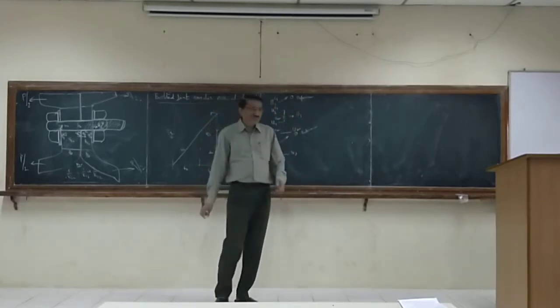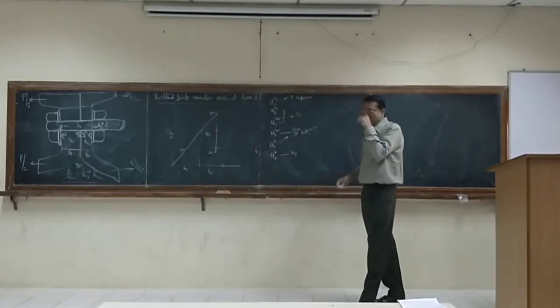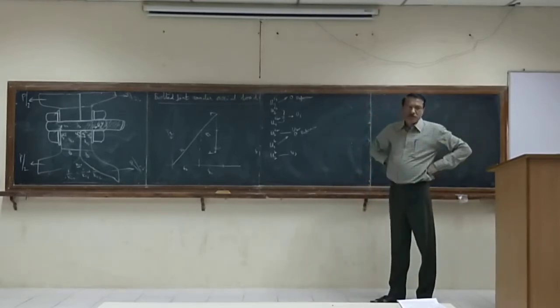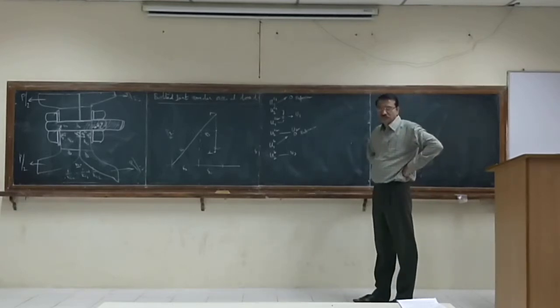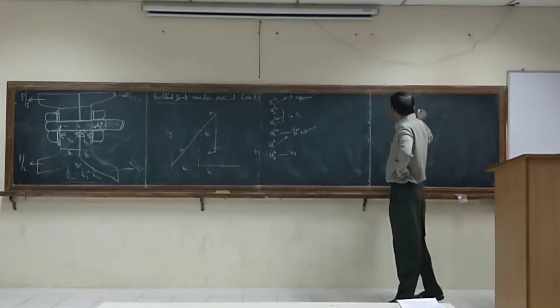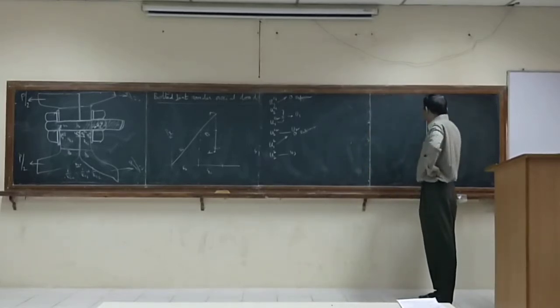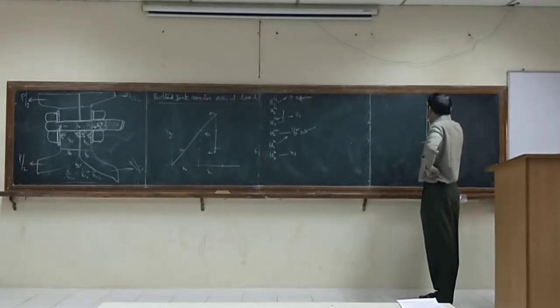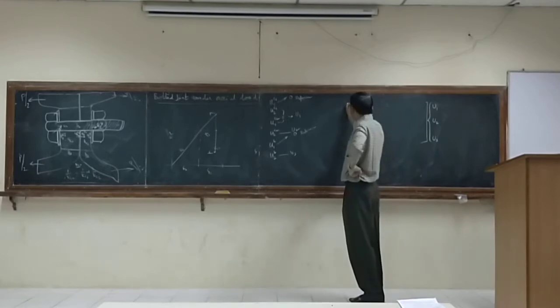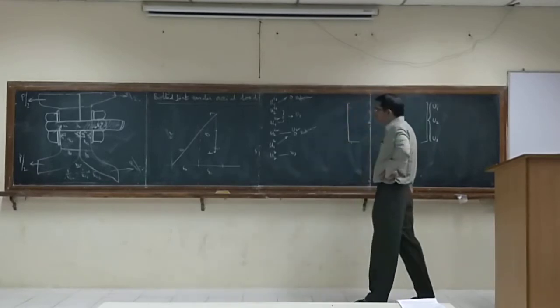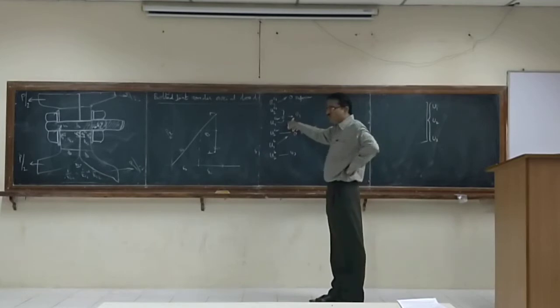Now let us write the assembly. What is assembled is the stiffness matrix of size U1, U2. What is U1 here for the component?